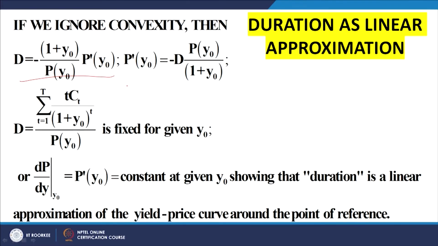And when we look at the expression for duration, what we find is that the duration of a particular bond, or of the pattern of cash flows embedded in a particular bond, is constant for a particular y 0.